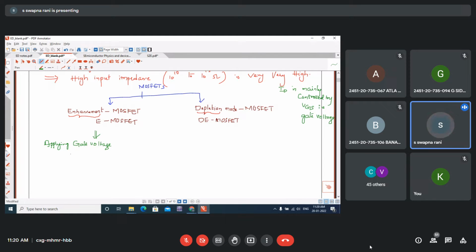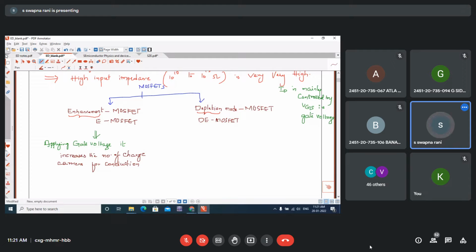Applying gate voltage increases the number of charge carriers for conduction. That is why we called it enhance.